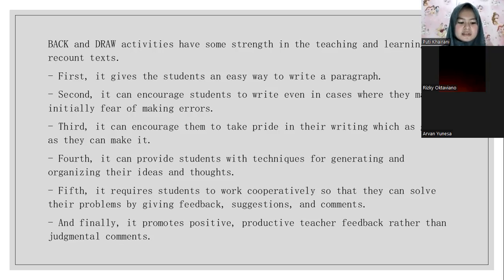Fourth, it can provide students with a technique for generating and organizing their ideas and thoughts. Fifth, it requires students to work cooperatively so that they can solve their problems by giving feedback, suggestions, and comments. And finally, it promotes positive, productive teacher feedback rather than judgmental comments.